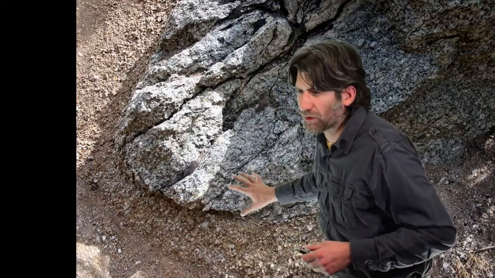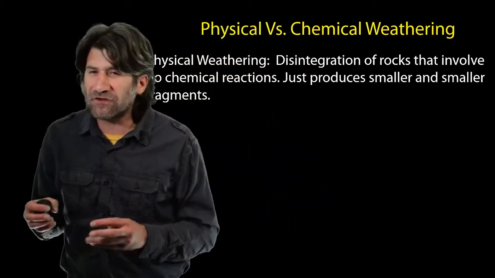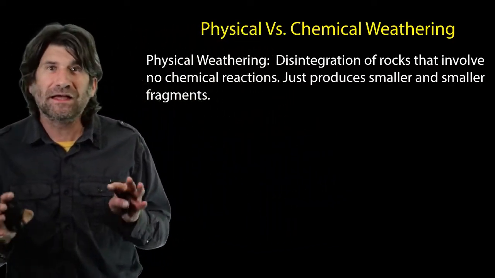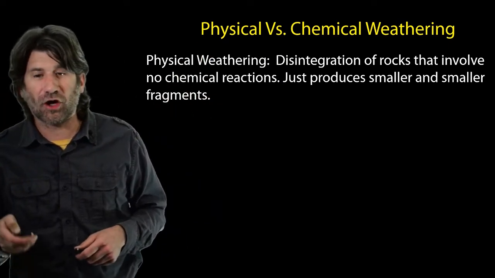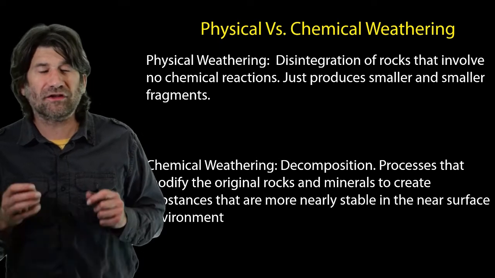So saprolite is when we've had intensive chemical weathering of the rock, but we actually haven't had a volume change within the rock yet. So again, those distinctions between physical and chemical weathering. In physical weathering, all we're doing is taking a big rock and turning it into smaller and smaller pieces of rock. Chemical weathering is very different.